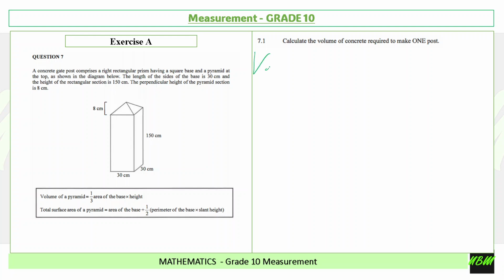Alright, we say the volume of concrete to make one post will be equal to the volume of the rectangular prism plus the volume of the pyramid.